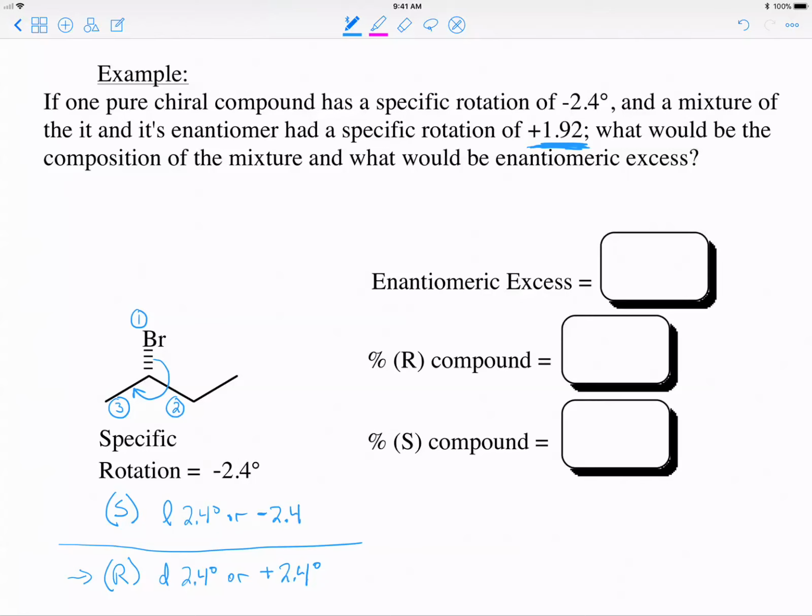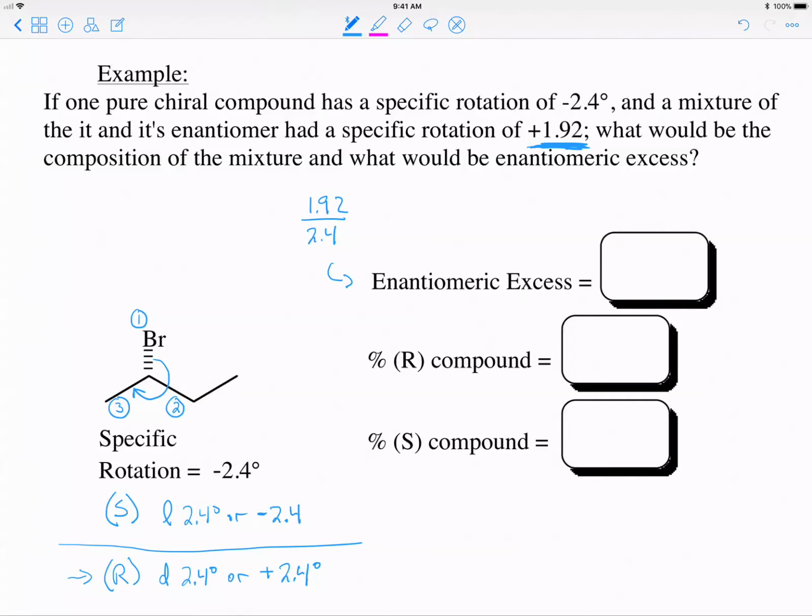So how do we do that? Well, we're going to have to do a little bit of math here. So what percentage is 1.92 divided by 2.4? That's what we've got to find out, because that will tell us our enantiomeric excess.